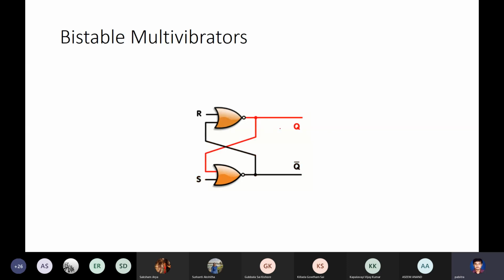Similarly, if Q is 0 and R is 0, S is 0, you can see this is 1. And if this is 1, then with R 0, this is 0 again. So if Q is 0, it is 0 again.